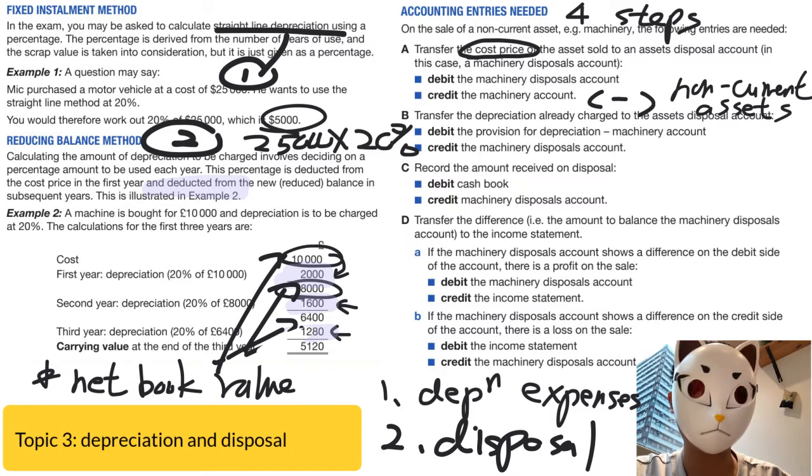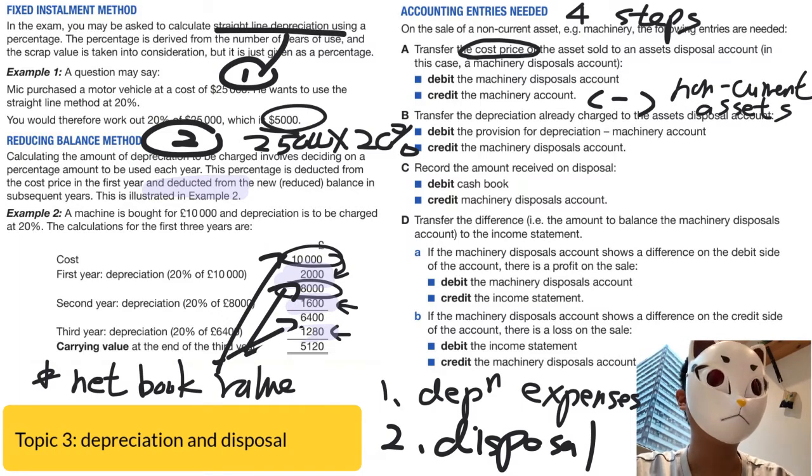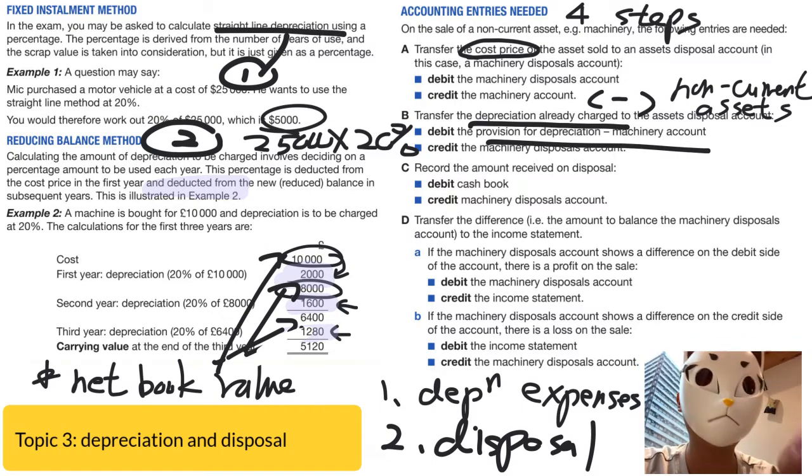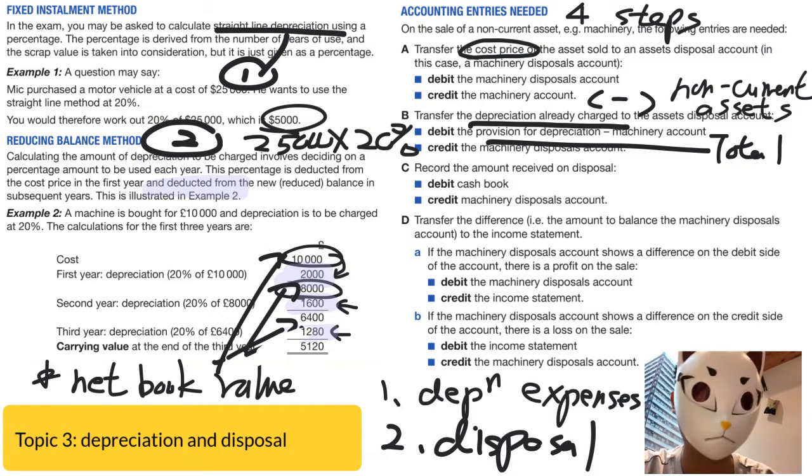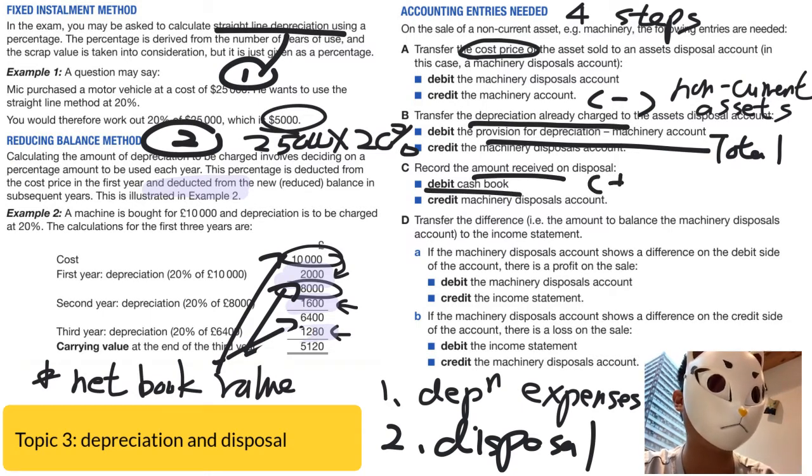The second thing, you need to debit the total amount, not just that year, but the total amount of depreciation expenses. You need to debit it. Now the third one, you need to record the amount received. It might be cash or bank, so debit the cash book to add it up.